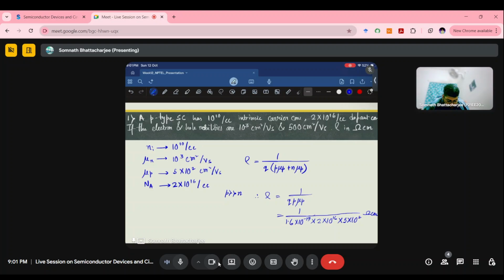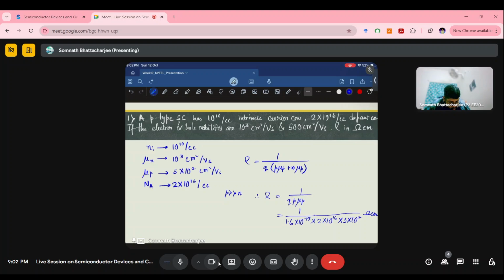So the values are 1.6 into 10 to the power of minus 19 multiplied by 2 into 10 to the power of 16 multiplied by 5 into 10 square.